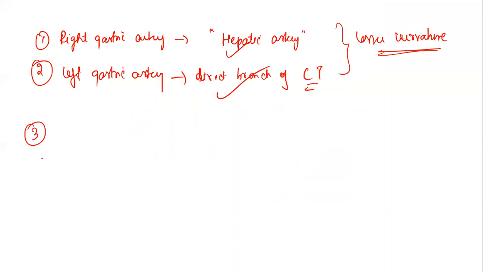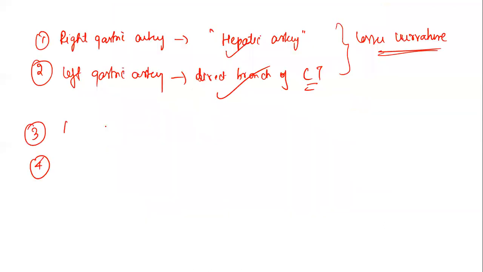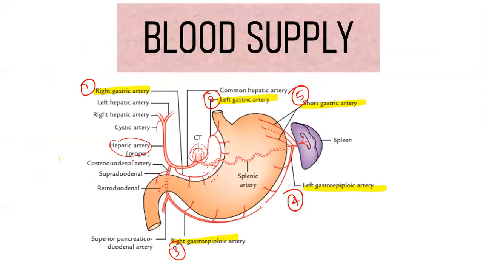Now the next set of arteries, yes, we saw the gastroepiploic. The right gastroepiploic, the left gastroepiploic. Let us write the names. Right gastroepiploic, then left gastroepiploic. Yes. So where is this right gastroepiploic? The right gastroepiploic artery comes from the gastroduodenal artery, right?